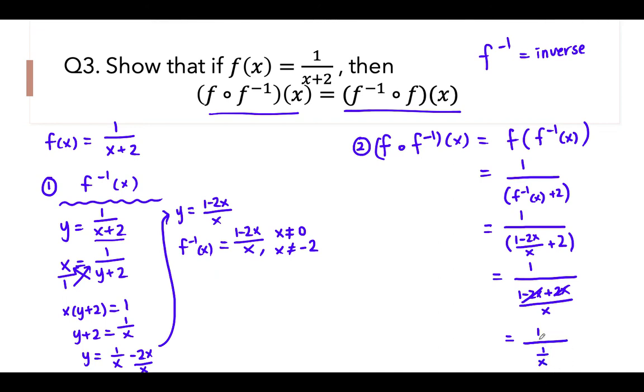When you divide, I can make 1 as 1 over 1: outside goes in the numerator, and inside 1 times 1, so it's just x. Okay, let's move on to the next page for space.